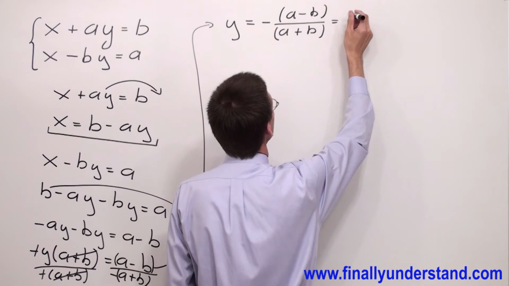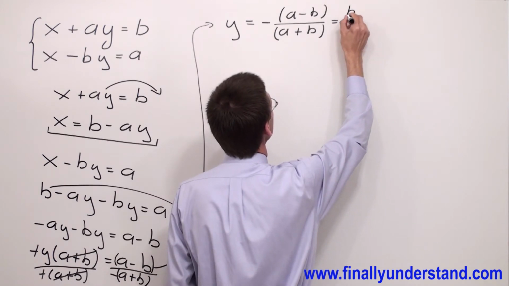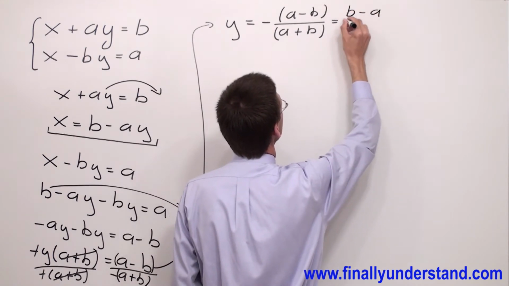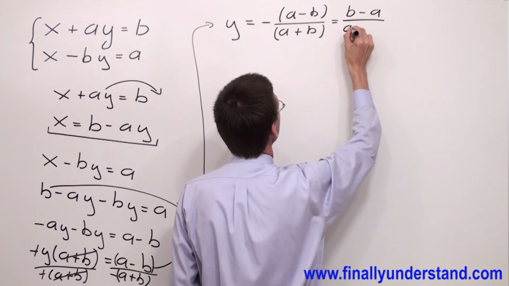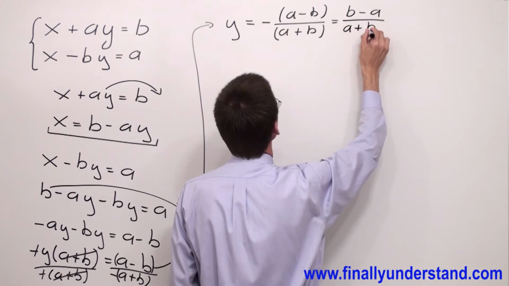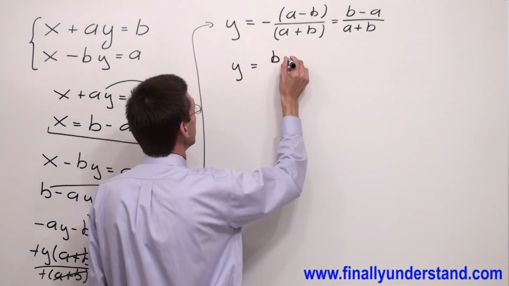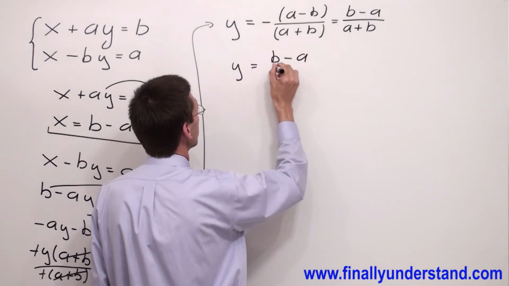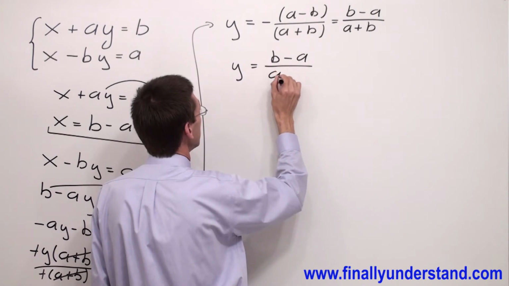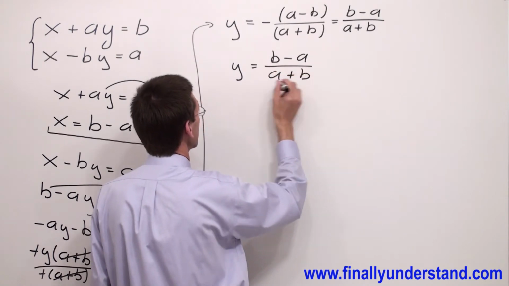That's why my numerator is going to look like this: b minus a over a plus b. So I can write that y is equal b minus a over a plus b. Okay, so this is my y.